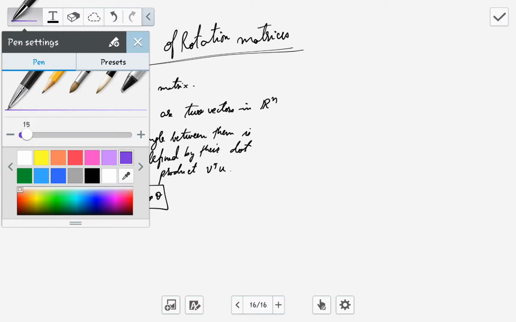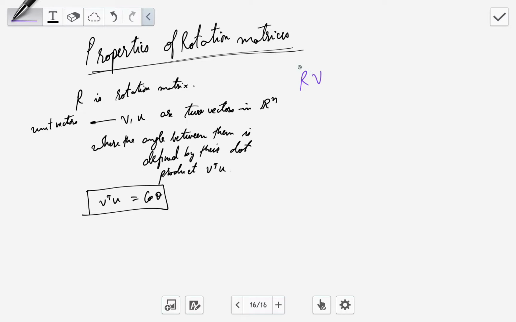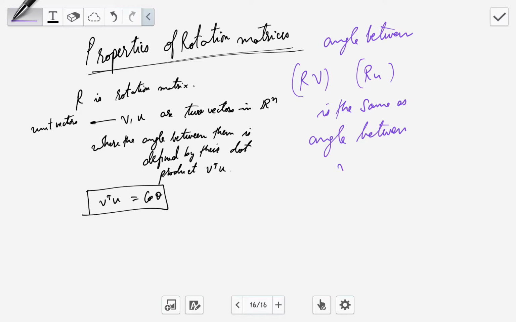So we have the angle between RV and RU is the same as the angle between V and U. So V transpose U is the same as (RV) transpose RU, which is V transpose R transpose R U. Now a very nice thing to do here is to make R transpose R equal to I.